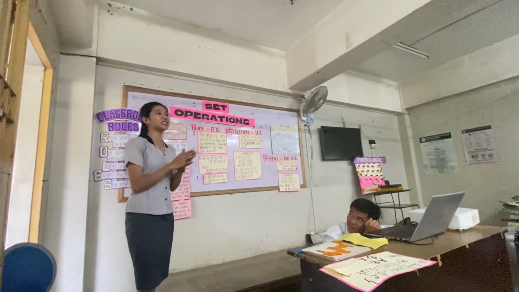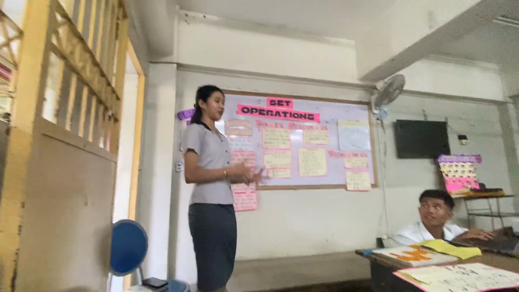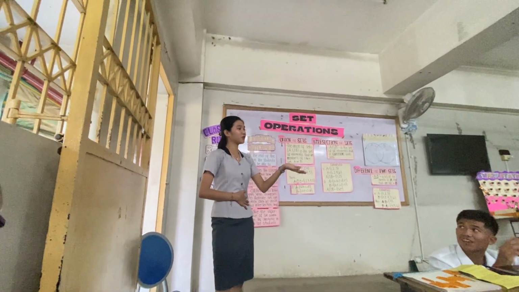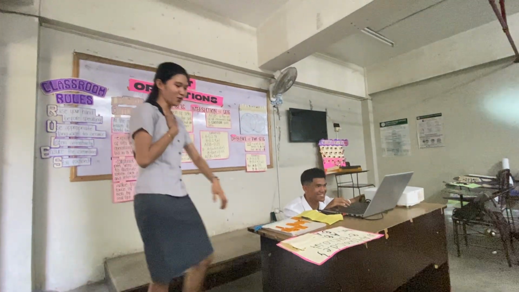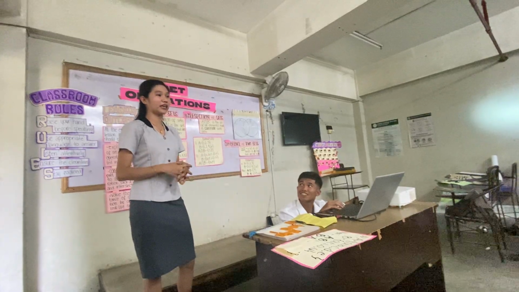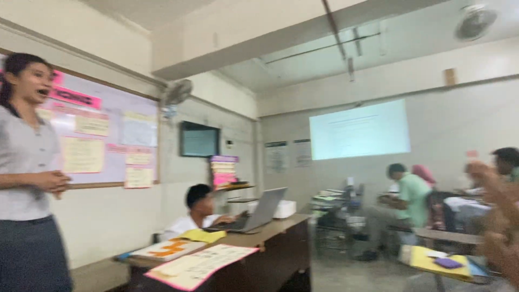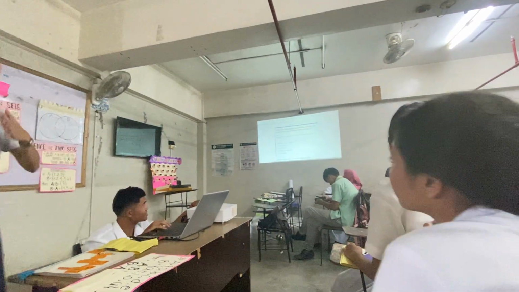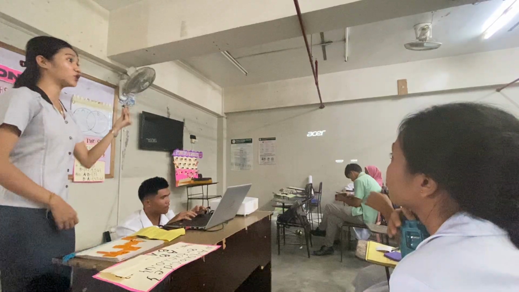Get it? Okay, since we're already done discussing this lesson, let's have another activity. I already sent a link in our GC. We will have an assessment through Google Form.